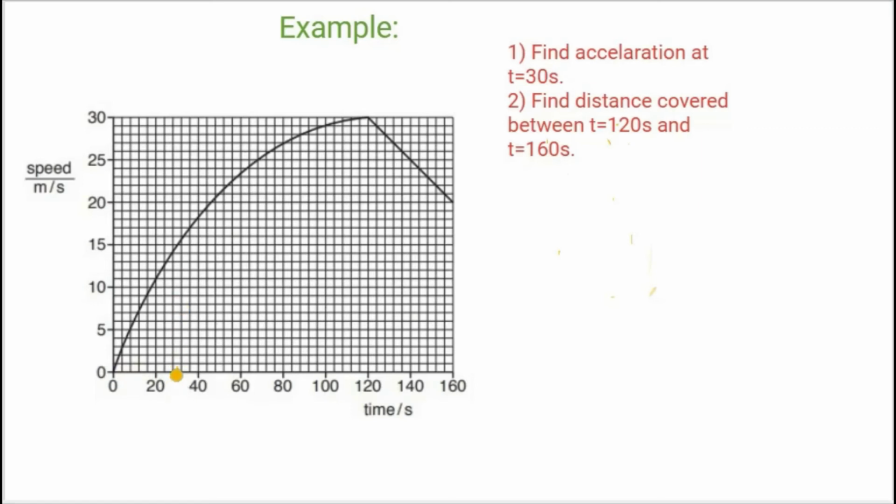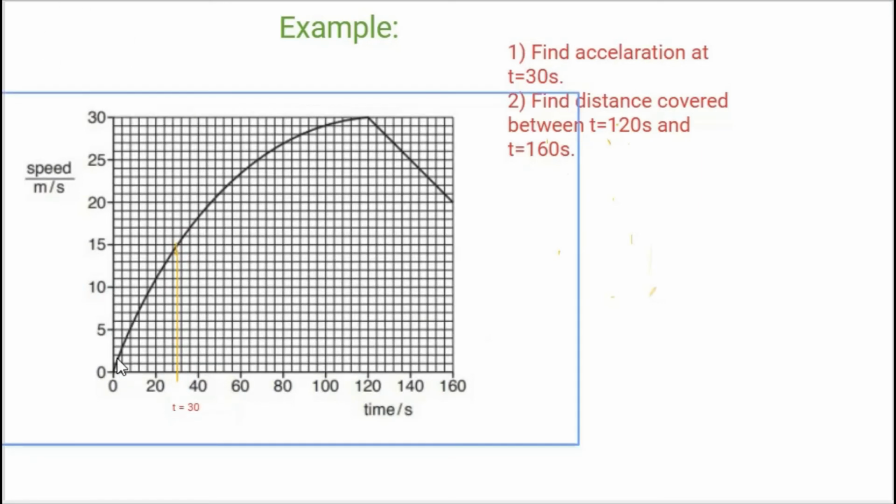Then if you go up at that point, when t is 30, speed is touching 15 meters per second. As you can see, the first part of this graph is a curve, as it is curving that way. We have to draw a tangent in order to find the acceleration.